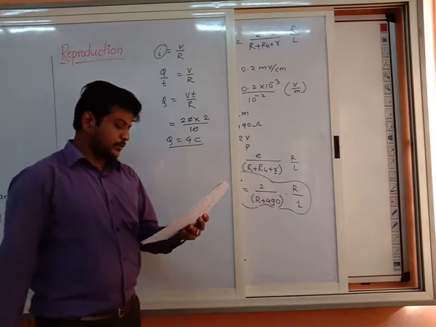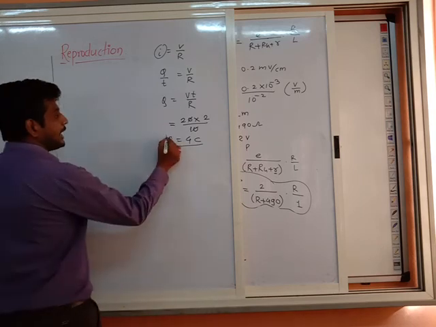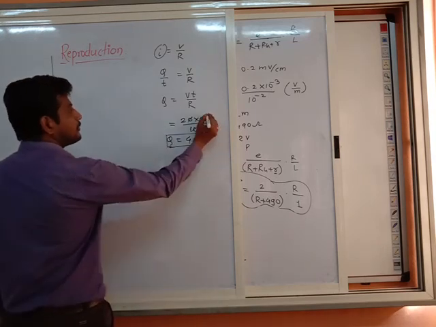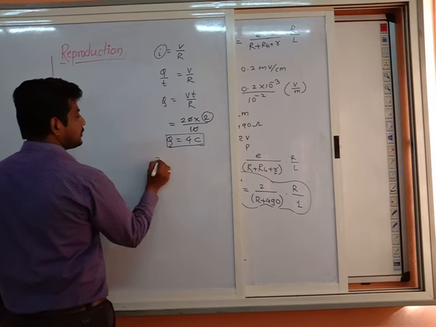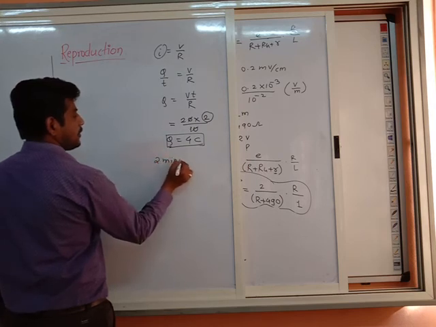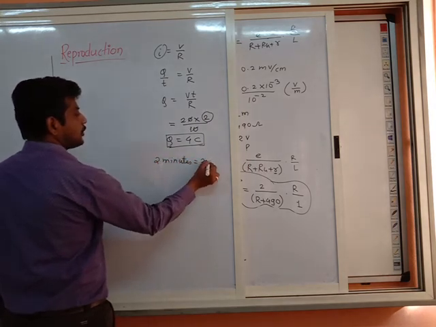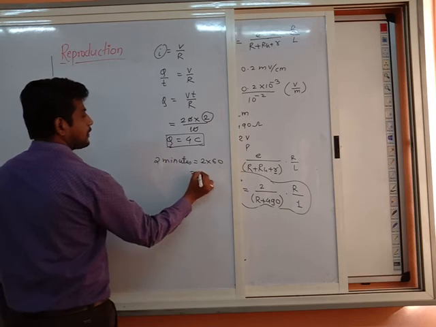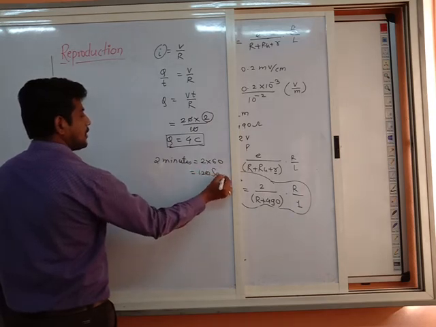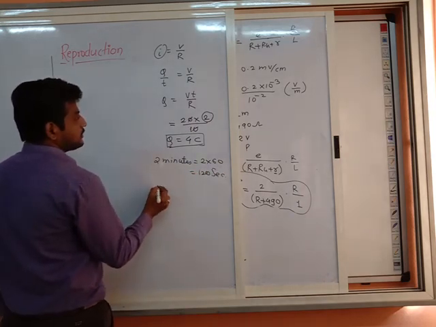It is said to be 240, means we have to convert that time into seconds. 2 minutes is equal to 2 into 60, okay, 120 seconds.